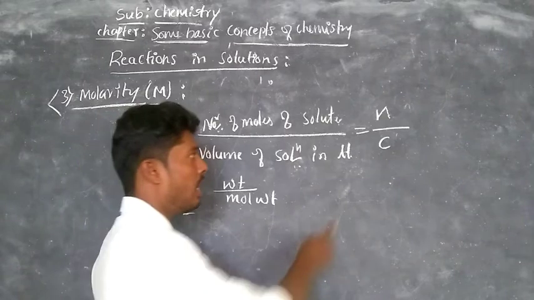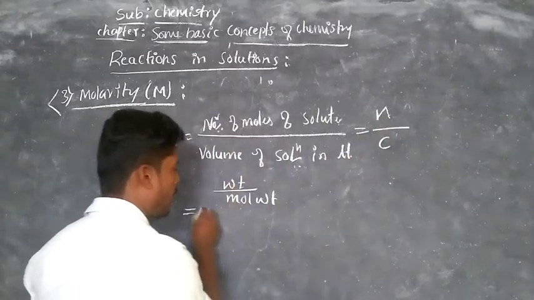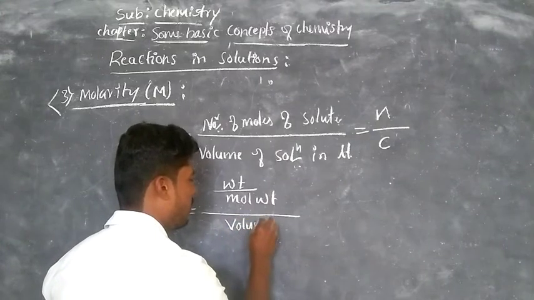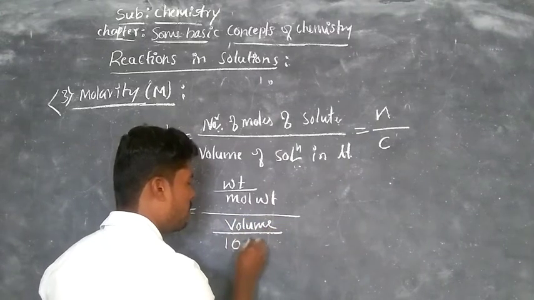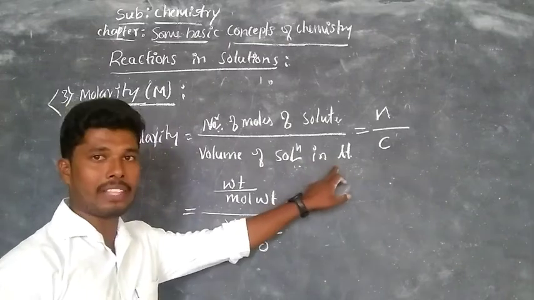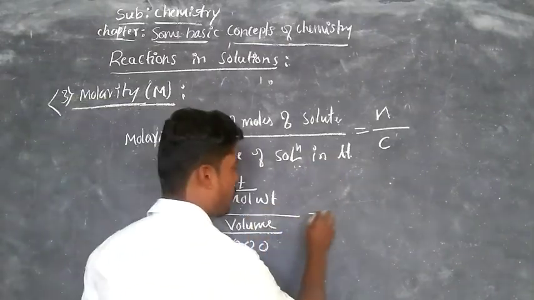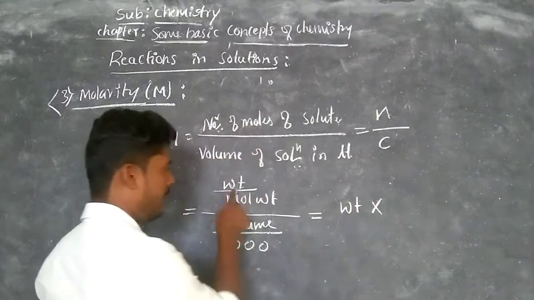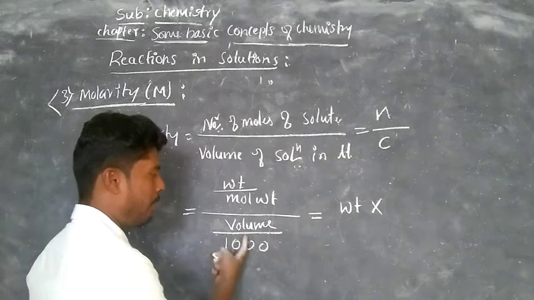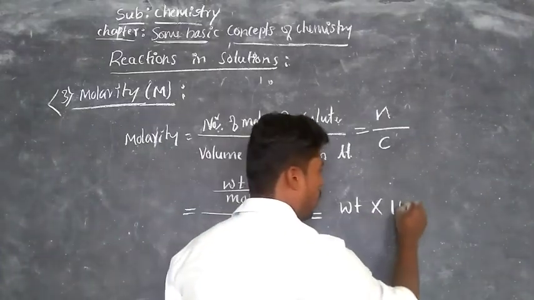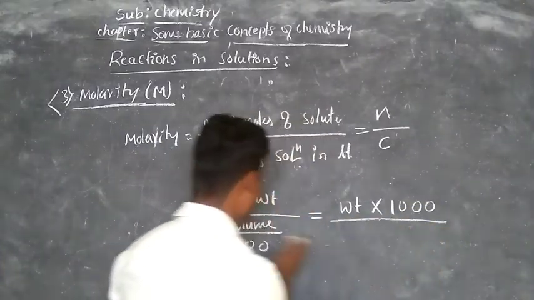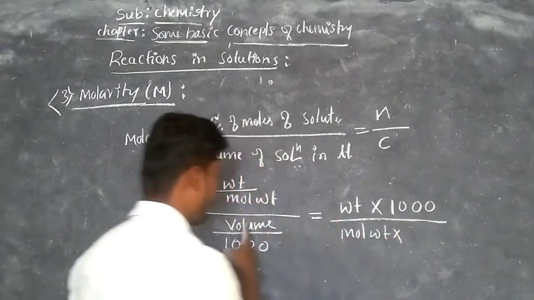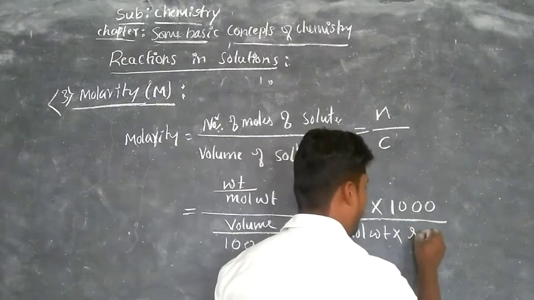Now N is equal to weight divided by molecular weight, and the volume is divided by 1000 because we take 1 liter. Reversing this, we get weight into 1000 divided by molecular weight into volume.